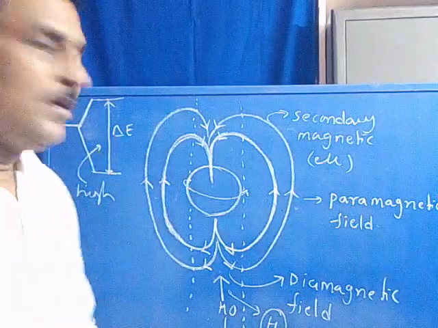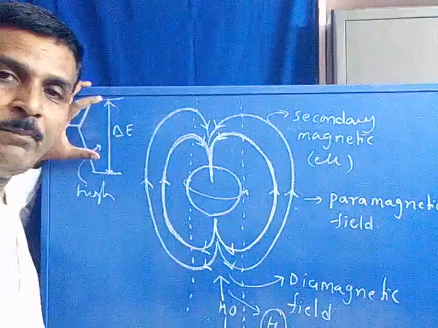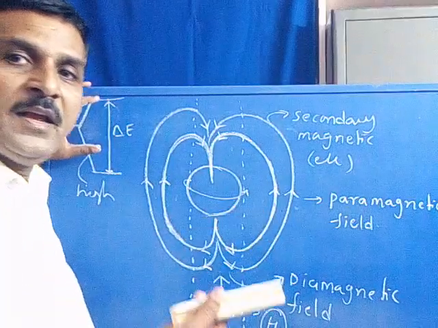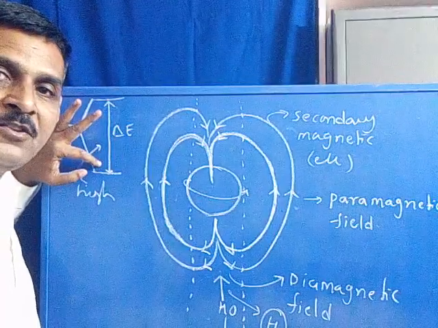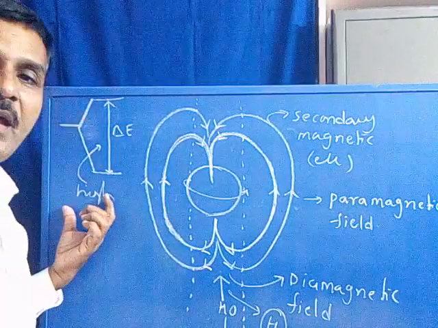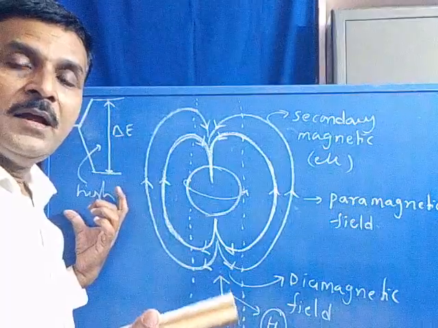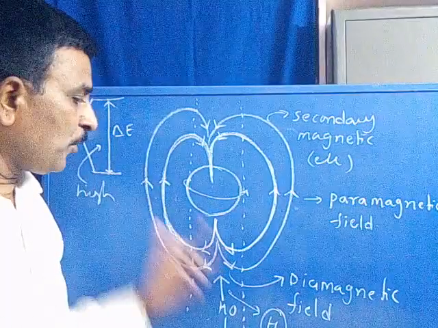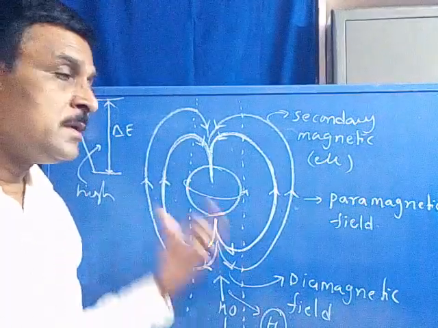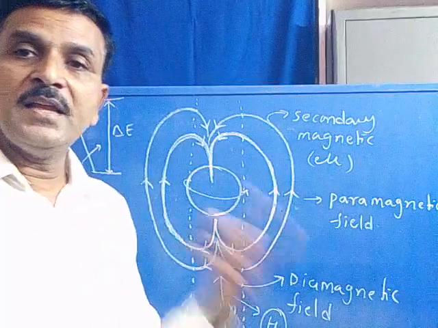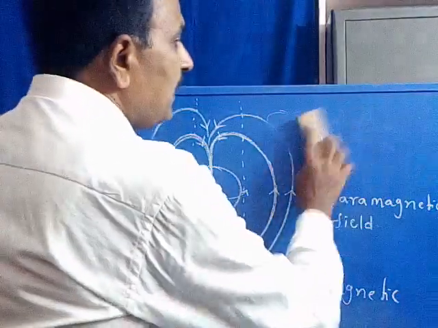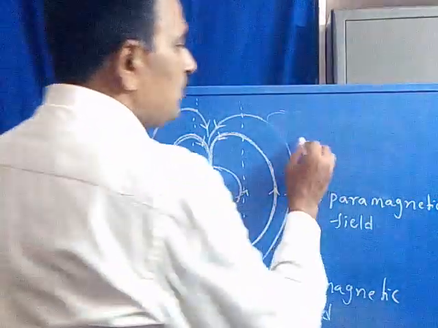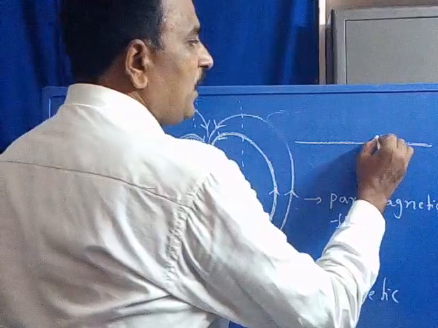Now you can see that when the energy difference between the energy levels of spinning nuclei is maximum, for their spin transition they require higher energy, and therefore these protons absorb energy at higher frequency values and their signals appear at lower delta values.